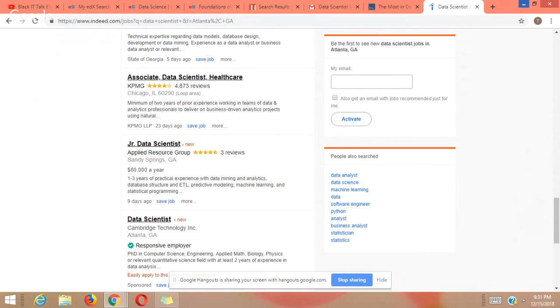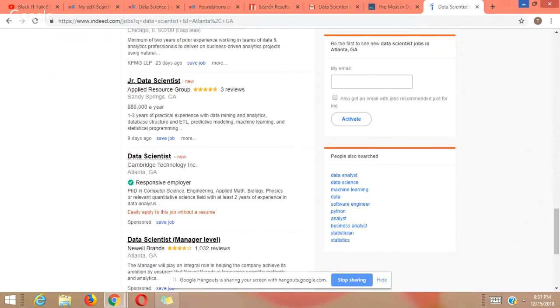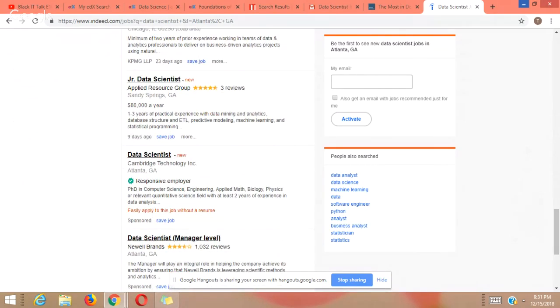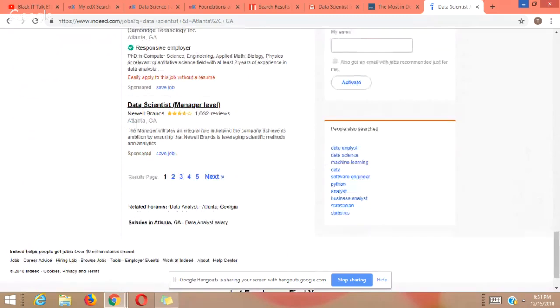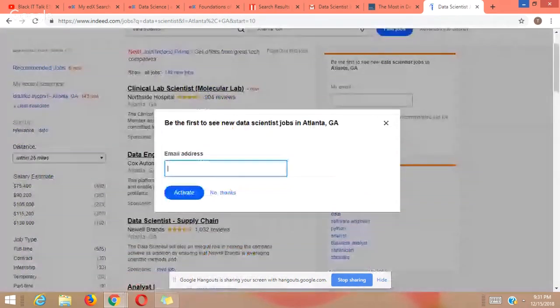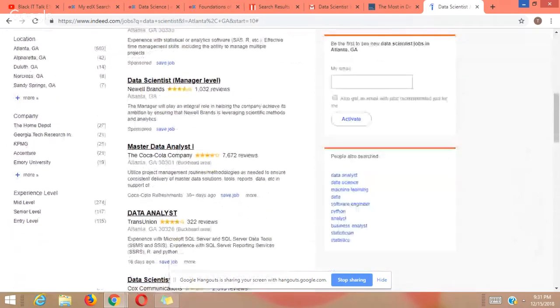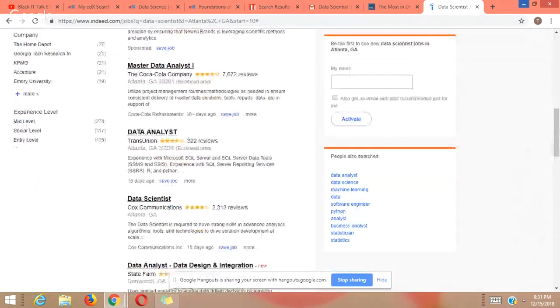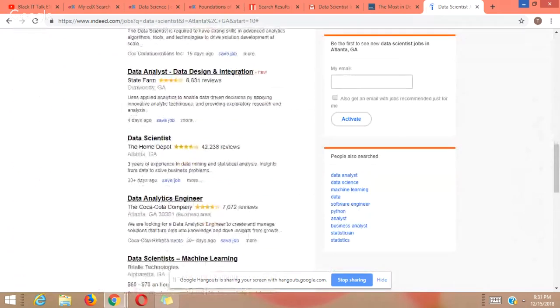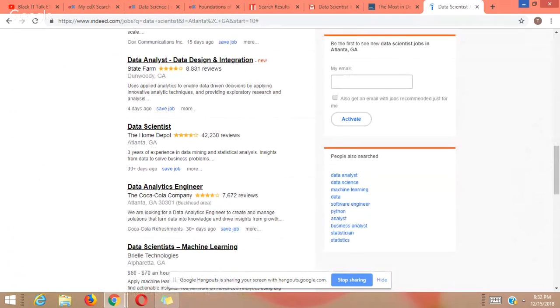So here we are right here, posted 9 days ago, Cambridge Technology Incorporated. Let me see if I can find another job. The Home Depot. I know one of my colleagues just got a job at Home Depot doing data science work as well as data engineering.